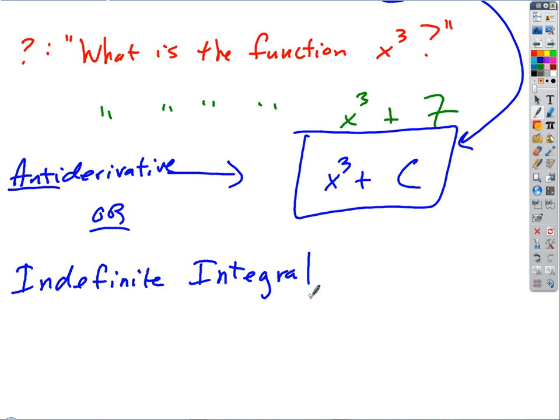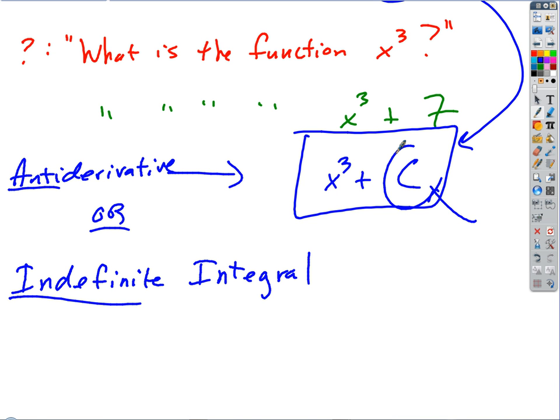Indefinite integral will make more sense a little bit later. It relates to something called a definite integral. And really, when we start doing definite integration, it makes more sense why we call it indefinite, although you probably could make a guess right now. It has to do with that, right? Because we don't know what the constant is, okay? But just fine to call it an antiderivative.